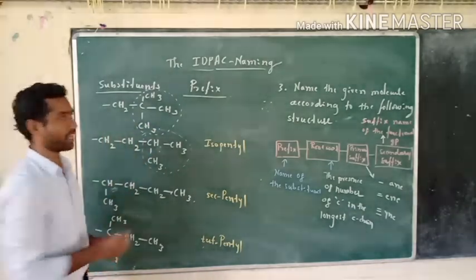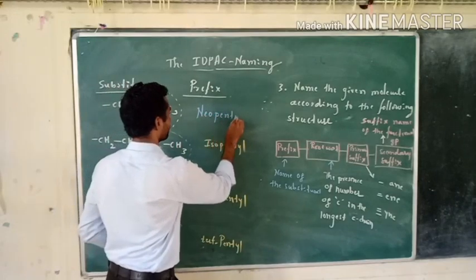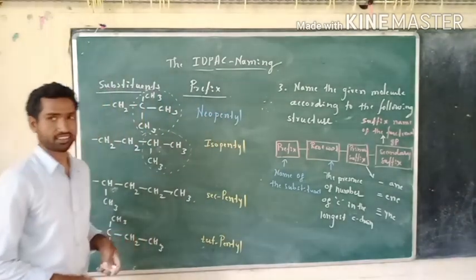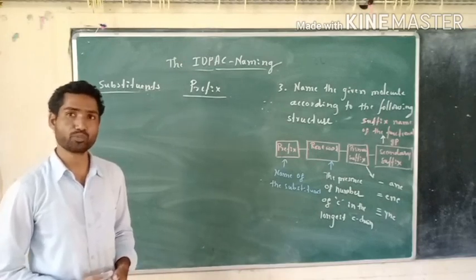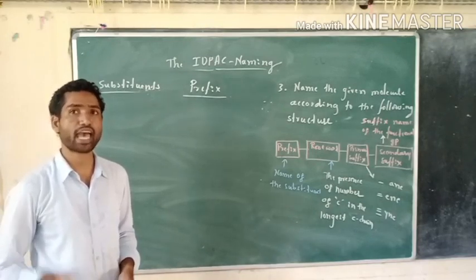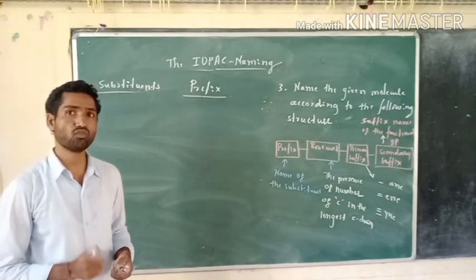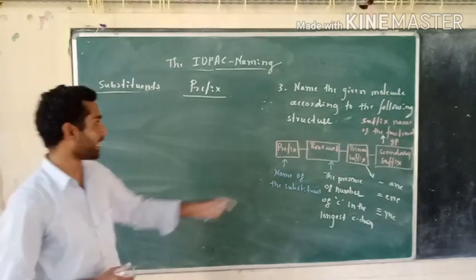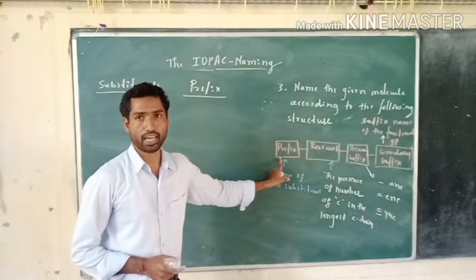This whole group is known as neopentyl. One more thing is, all halogens should be treated as substituents. If a halogen atom is present in the molecule, then we have to treat it as a substituent and write the prefix for that halogen.